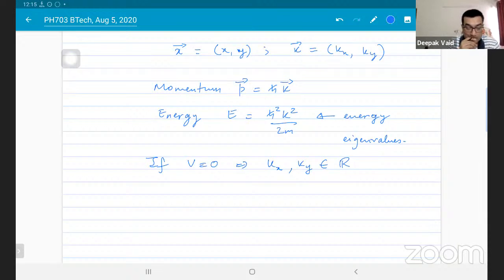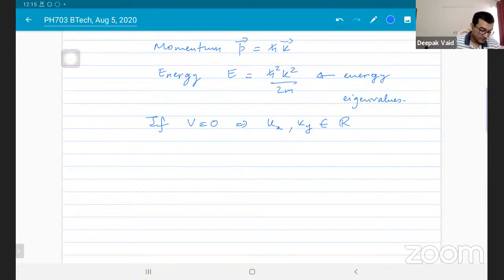But if your potential is not 0, then your wave function will have some sort of boundary condition, for example, and those boundary conditions will result in a restriction on the allowed possible values of kx and ky.